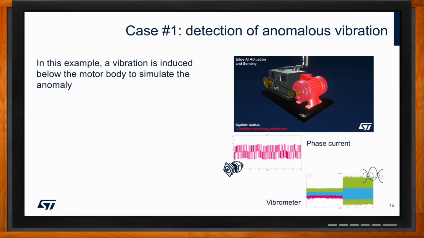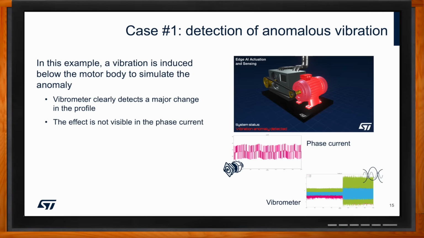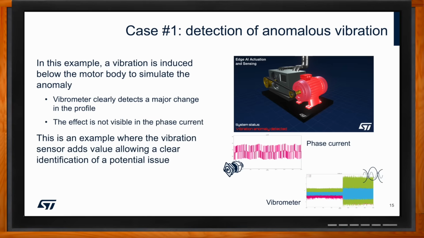Now, in this case, if we look at current and vibration signal as detected from the motor control algorithm, the current, and the vibration detected from an external vibrometer attached to the motor, we can see that this kind of vibration may not be visible at all in the phase current, whereas it is clearly visible in the vibrometer. So an algorithm receiving as input both signals, in this case, will just use the one from the vibrometer and will be able to clearly detect the event.